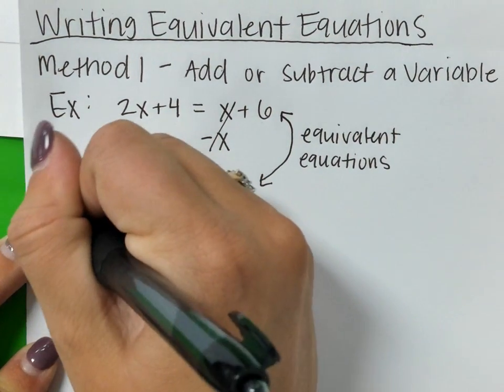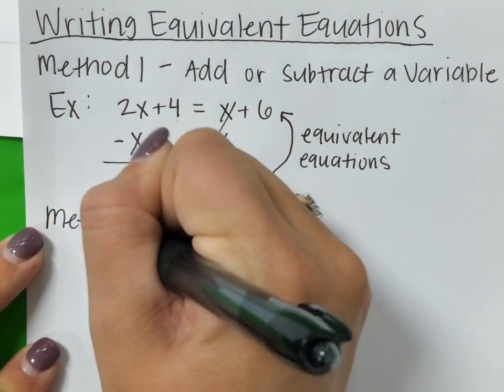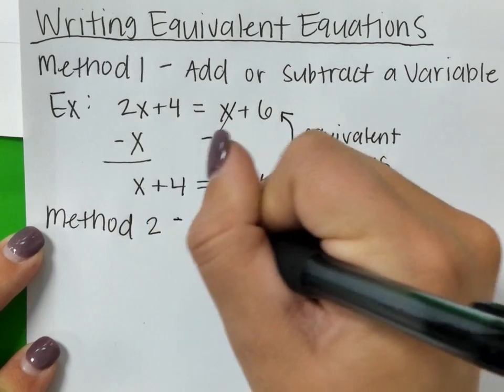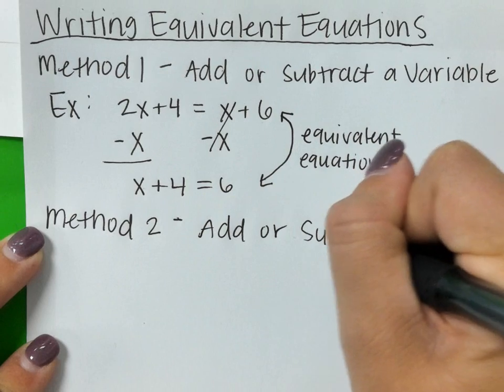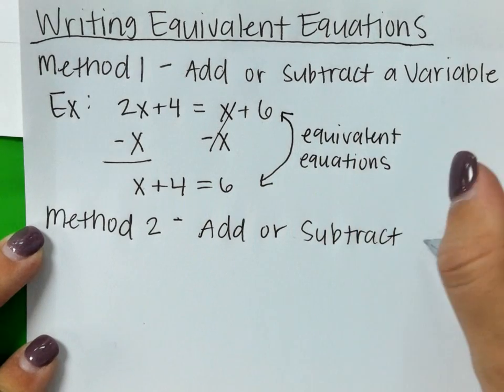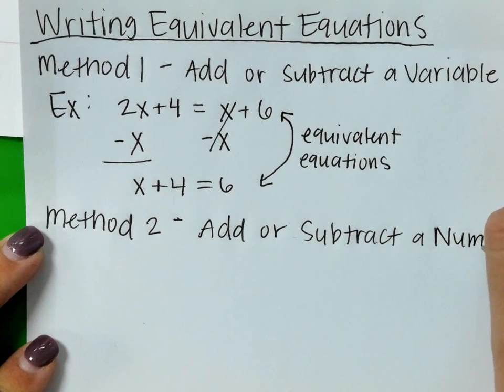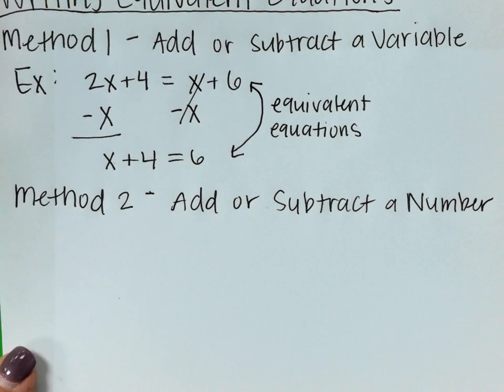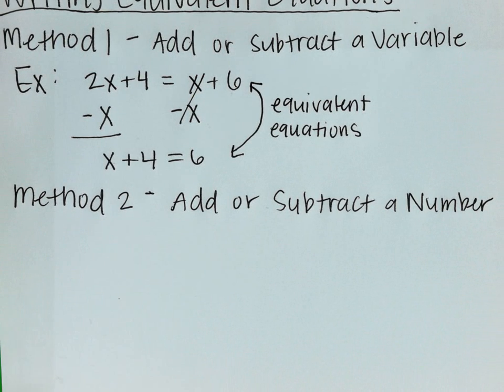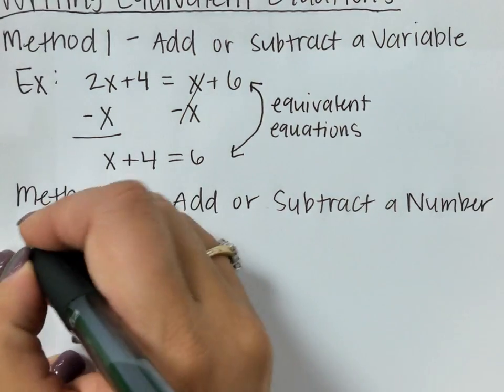So if we do it another way, we can add or subtract a number instead of a variable. So method 2 is adding or subtracting a number. I'm going to use the same example.